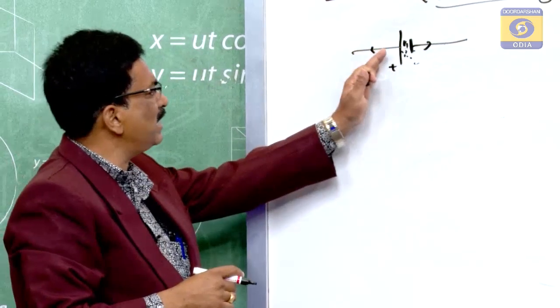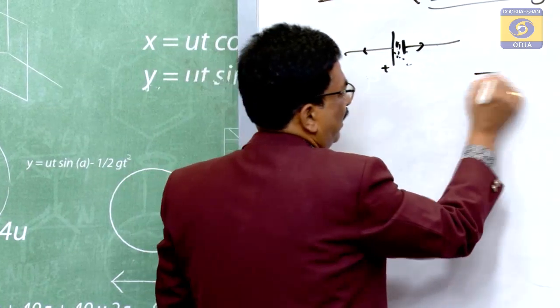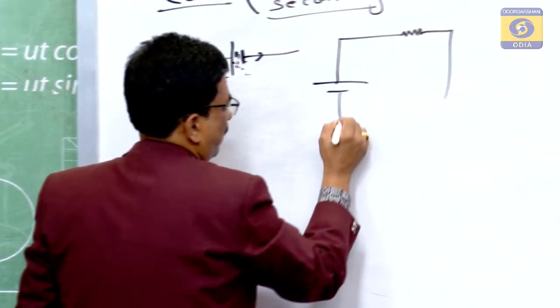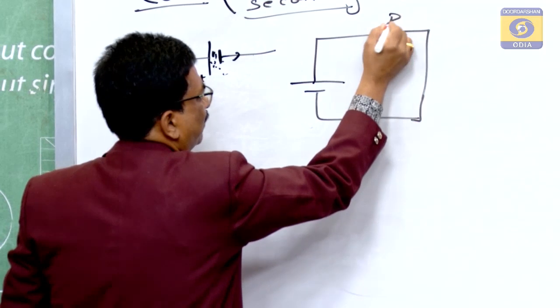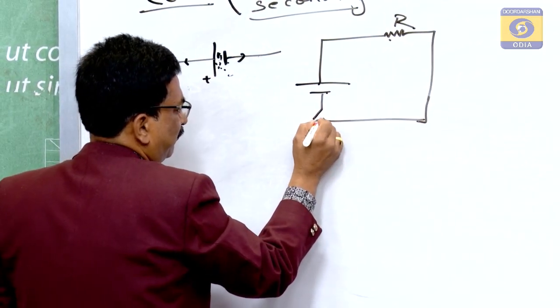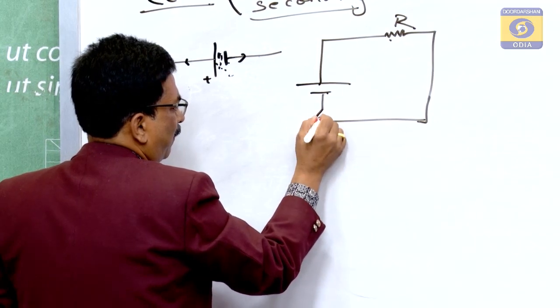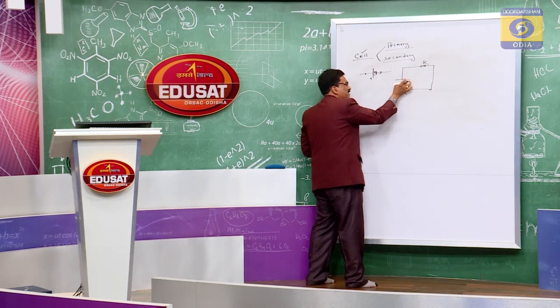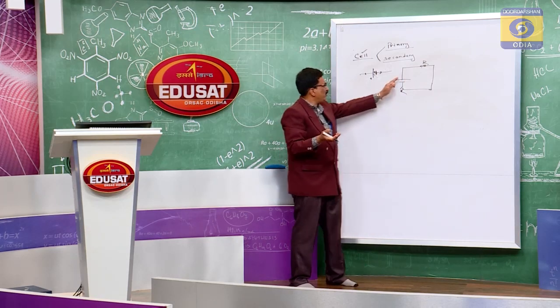So, if that cell is connected through a circuit, suppose this is a cell connected with a circuit, and this circuit has a resistance R, and suppose we have a key here. When this key is pressed, the battery is charged. When it is charged, it produces current. It never produces charge.